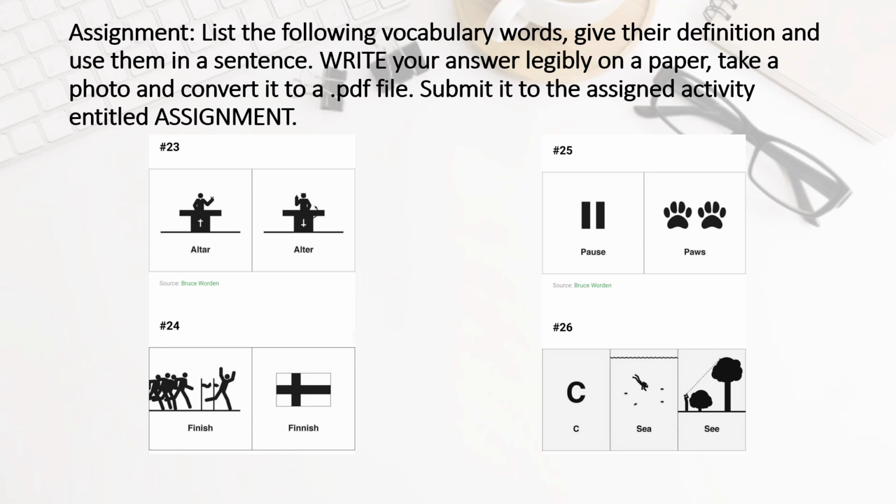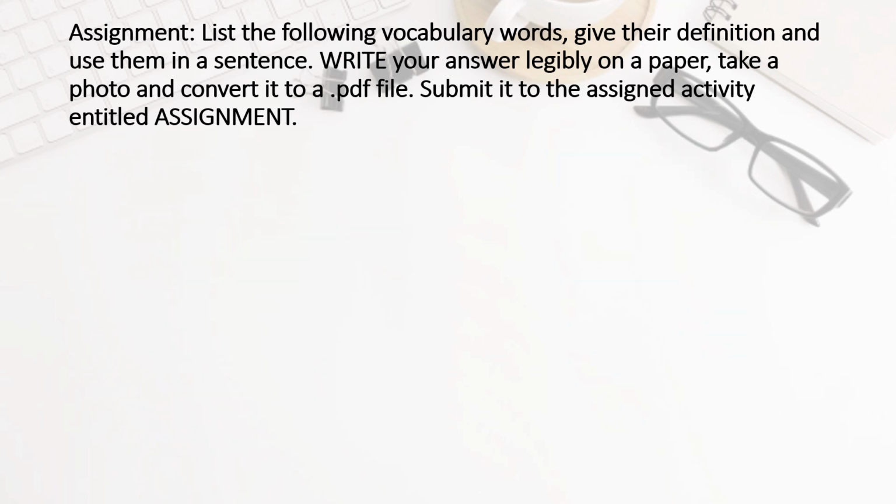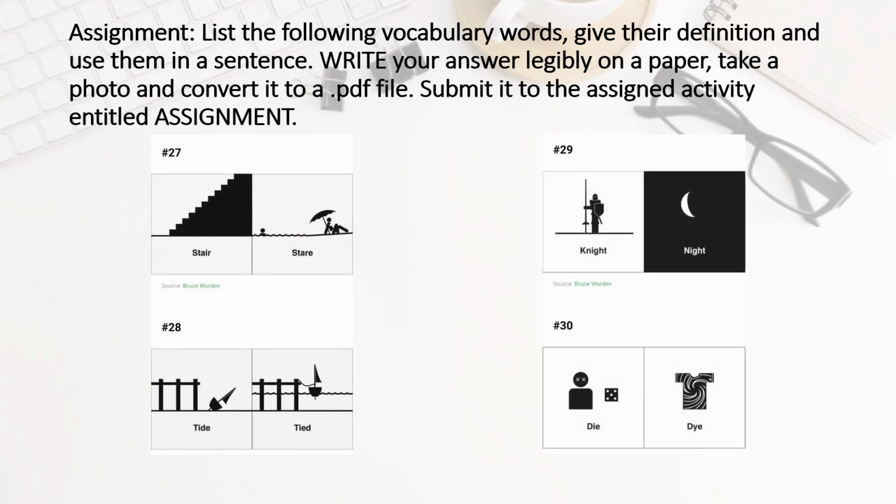Please take a screenshot or use your cell phones to take a photo of the vocabulary words. Next, you have examples 27 to 30. Again, get ready, take a photo or a screenshot and save it in your device.